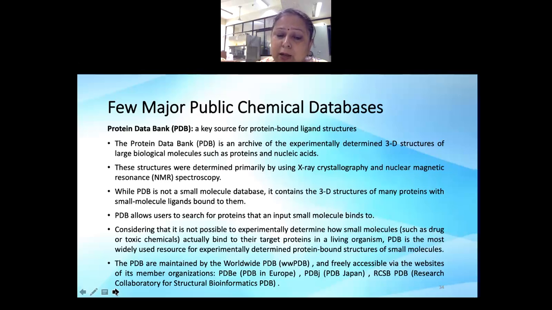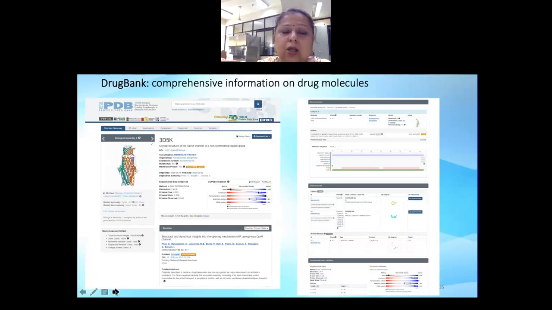The PDB is maintained by the Worldwide PDB and freely accessible via the websites of its member organizations: PDBe in Europe, PDBj in Japan, RCSB PDB, and so on. So a PDB databank looks like this. You can search the PDB database for knowledge about a particular protein.